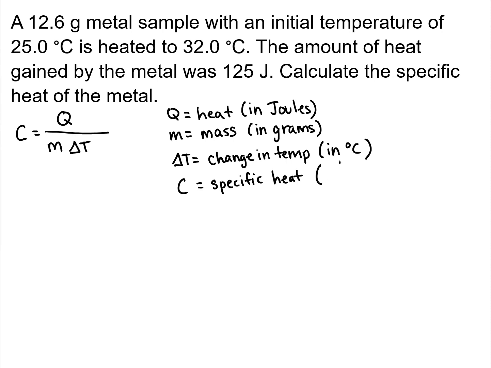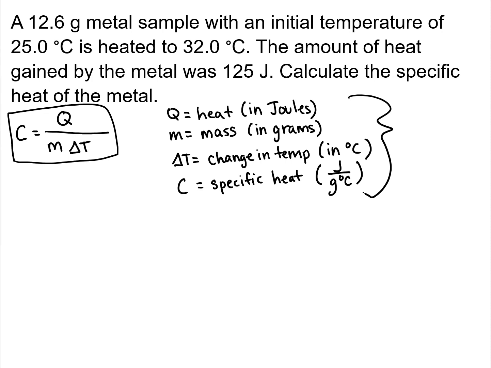And its units are joules per gram degree Celsius. You will get this equation on the equation sheet. You will not get the breakdown of what each variable means. That information you need to bring to the table yourself.